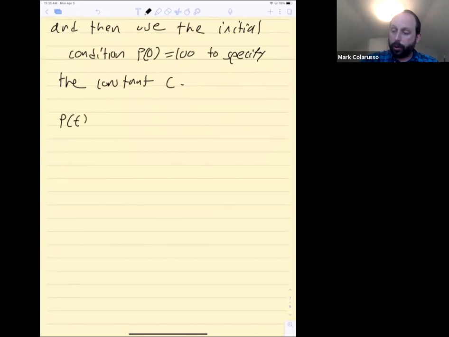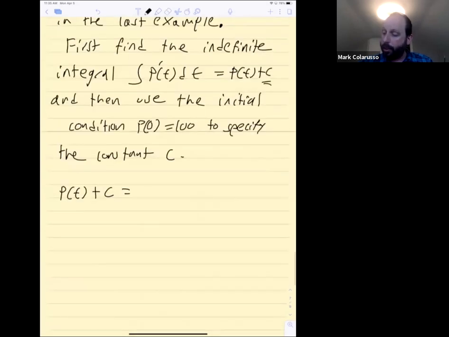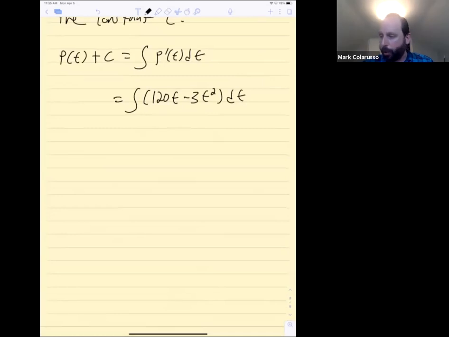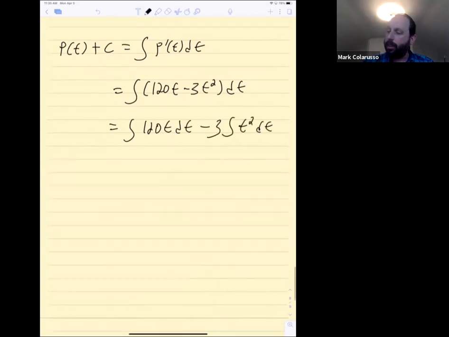So p of t plus c is going to equal the indefinite integral of p prime of t dt. So this equals the integral of 120t minus 3t squared dt. Then we can use our properties of the integral, the sum and the multiple rule that we talked about in the previous video. We have 120t dt minus 3t squared dt.